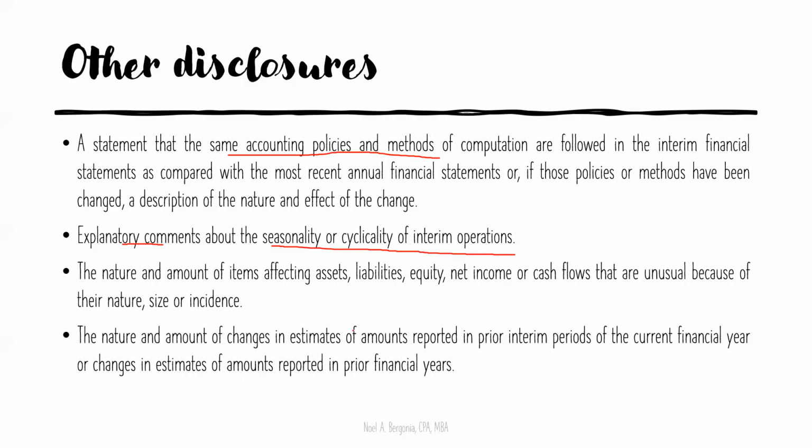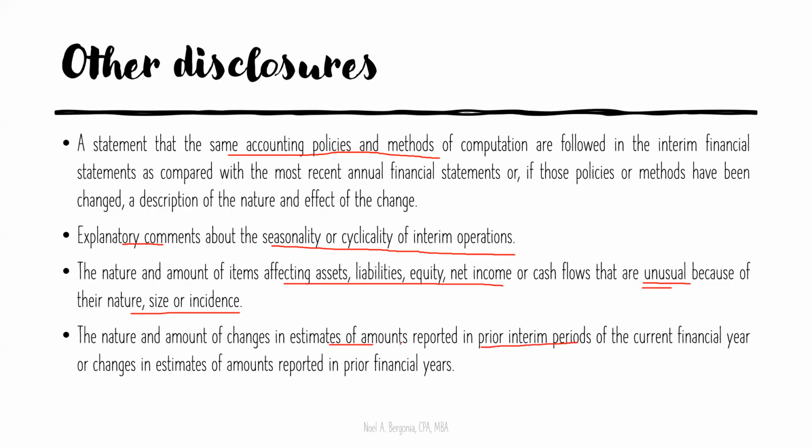Also, the nature and amount of items affecting the elements that are unusual because of their nature, size, and incidence. In some cases only is it unusual. And also the nature and amount of changes in estimates reported in the prior interim periods.